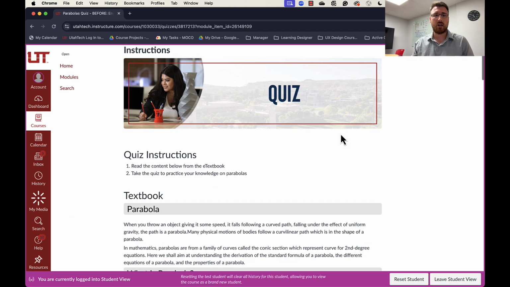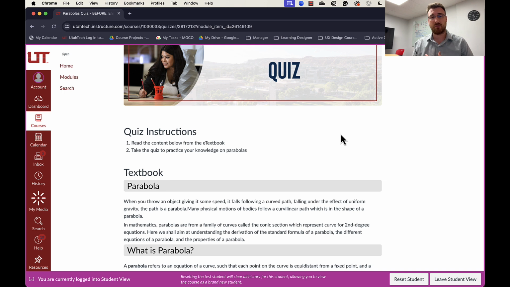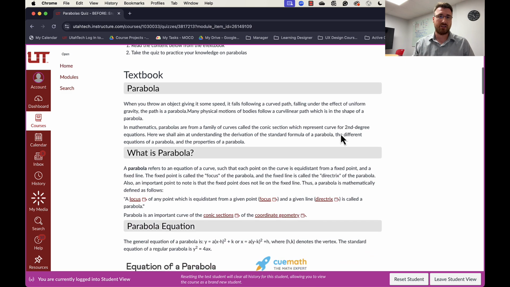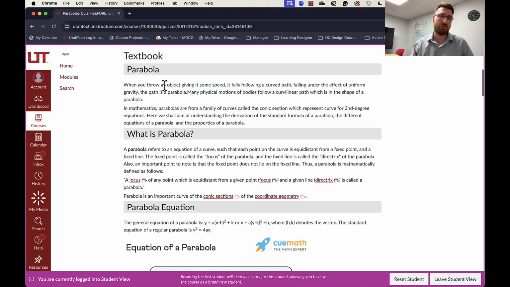This is a very common math approach. This is a special case for me because I was a mathematics educator, and so I actually think about pushing back on traditional ways in which we educate students in mathematics. If you look at this non-example, you're going to see a textbook that has content and information about parabolas.